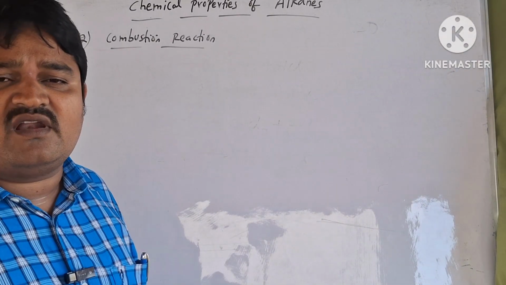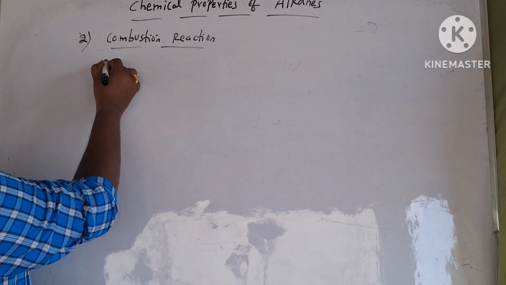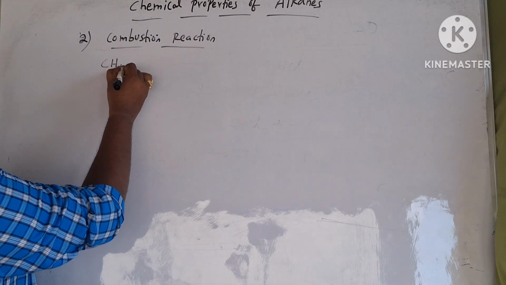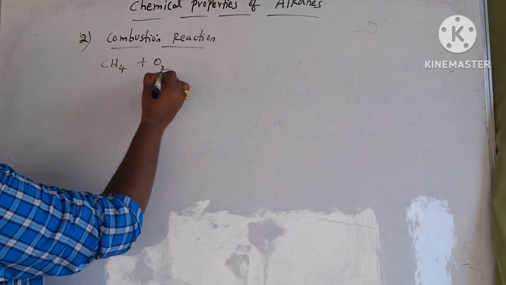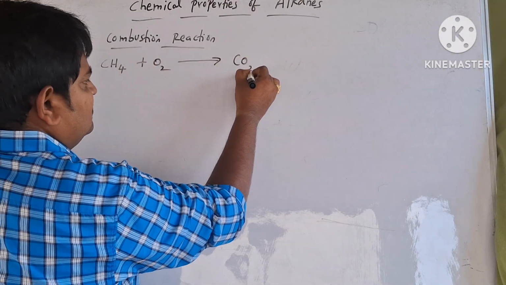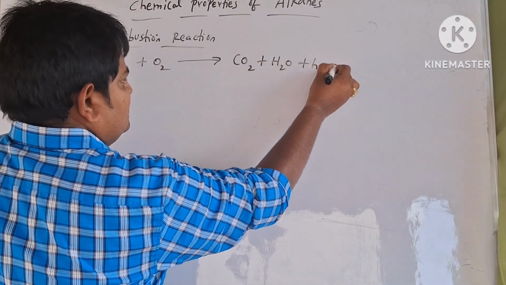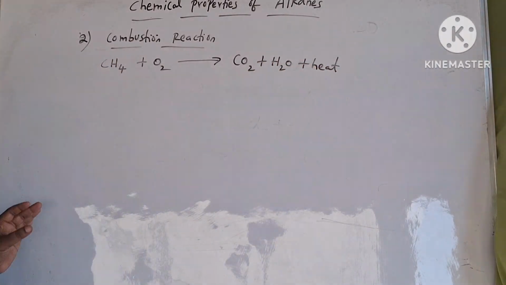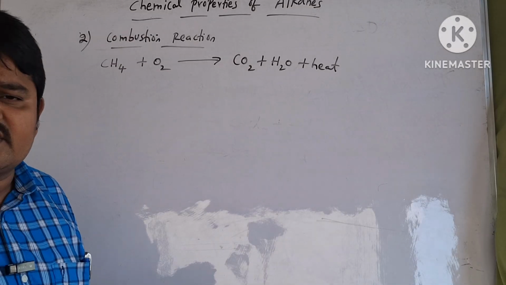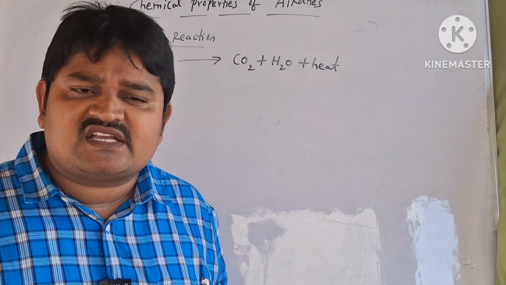This reaction is called a combustion reaction. Here I will take the example of methane. Whenever methane reacts with oxygen, it will form the corresponding CO2 plus H2O, and it will release some amount of heat energy. That's why this reaction is also called an exothermic reaction.